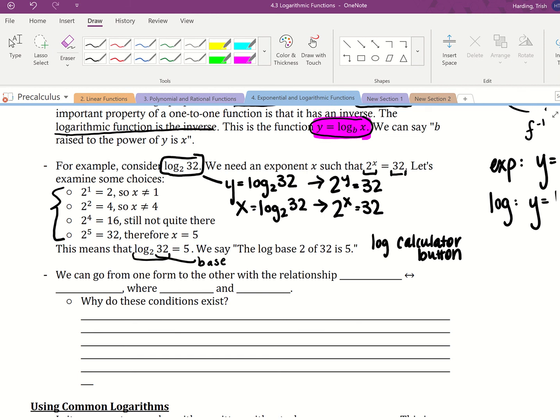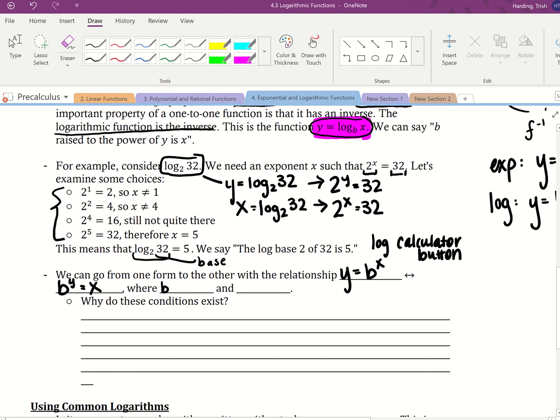So one way that we will go back and forth is if we have y equals b to the x, then we are going to have b to the y equals x.